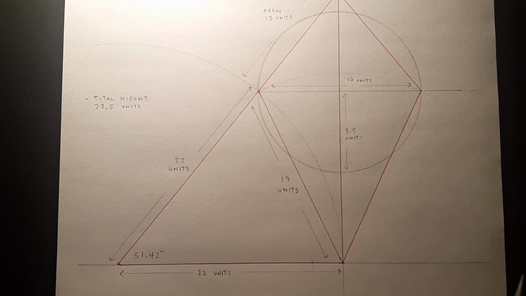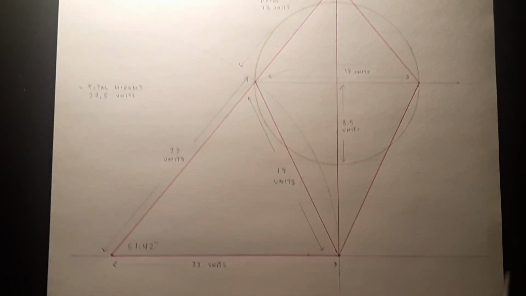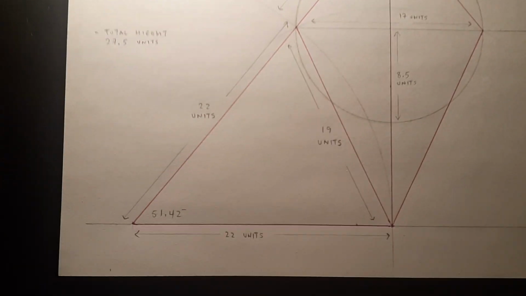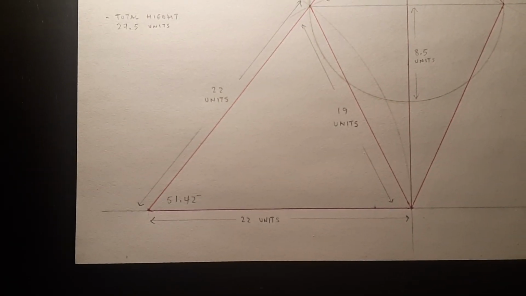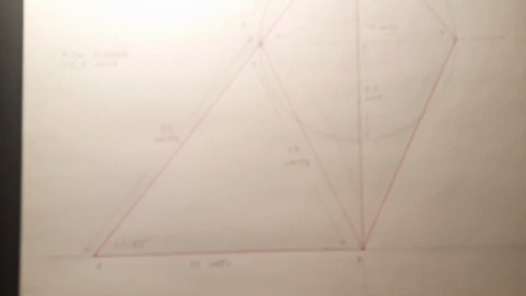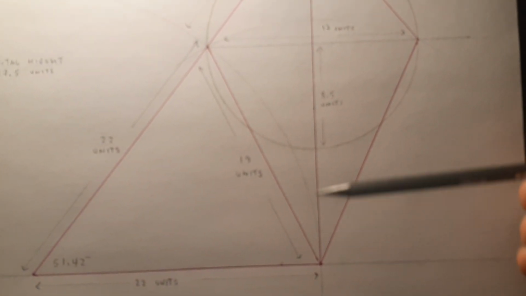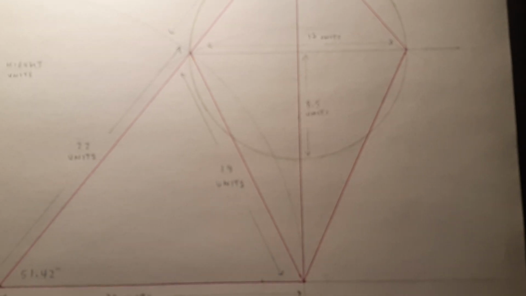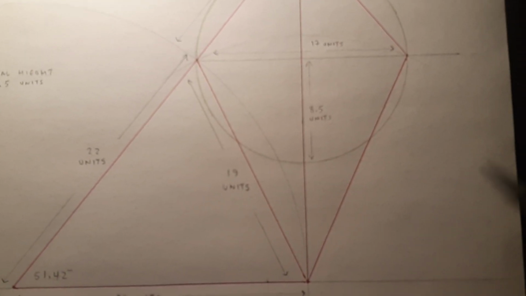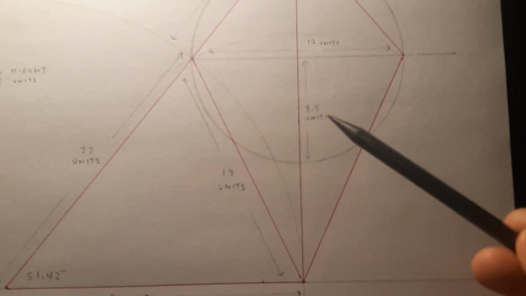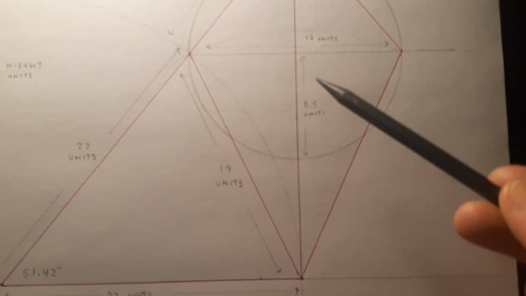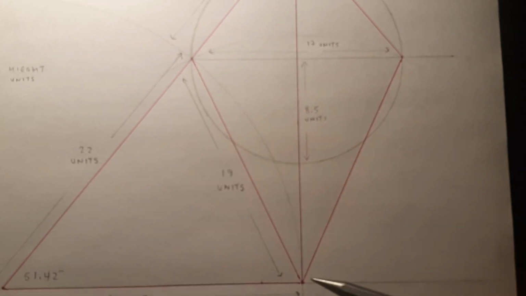I have just worked these details out, and I'll quickly give you a run through them. This distance, wow, is this thing going to focus today? It's about 8.5 units from that point to there.